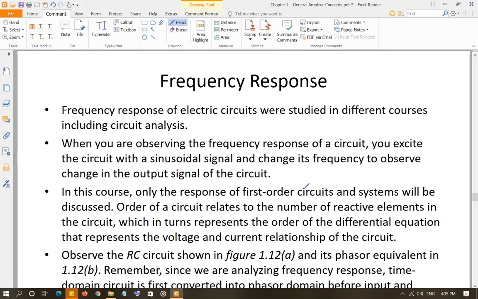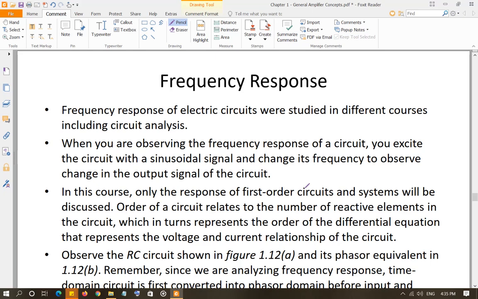The main idea behind the frequency response of a circuit is, if you are exciting your circuit with a sinusoidal source, if your input is a sinusoid, then of course your circuit may have inductive components, capacitive components.